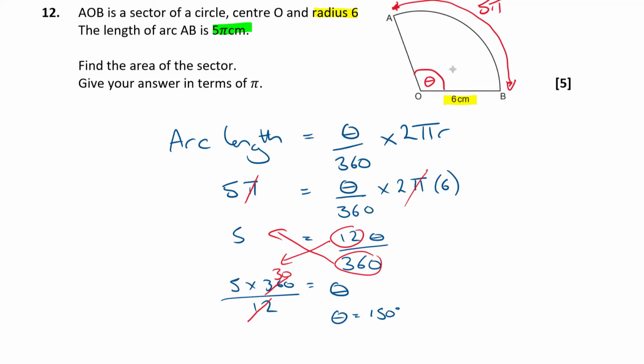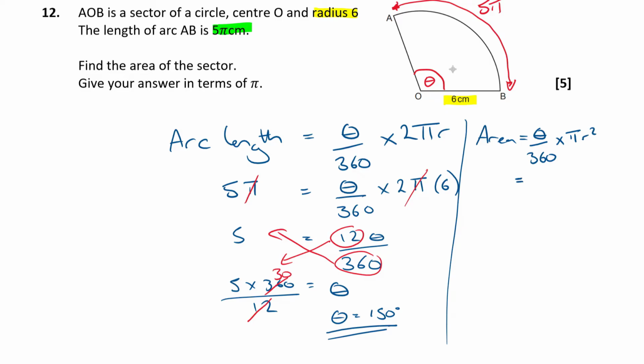Okay, so now I know what theta is, I should be able to work out the area. So area of sector is going to be theta over 360 times the area of a circle, which is just pi r squared, isn't it?